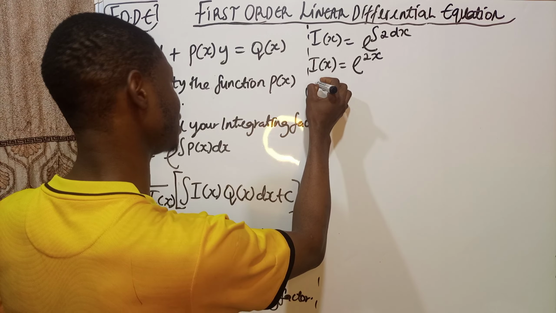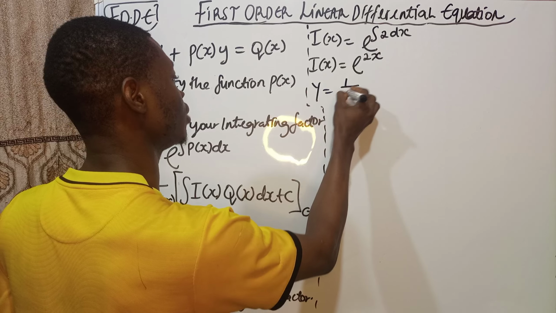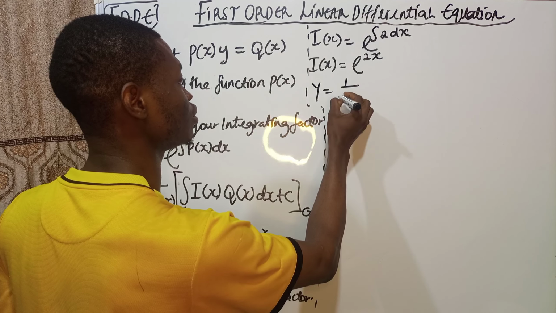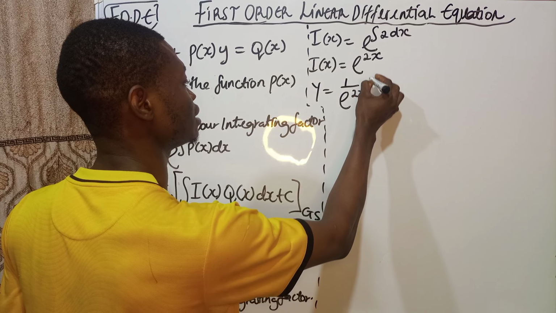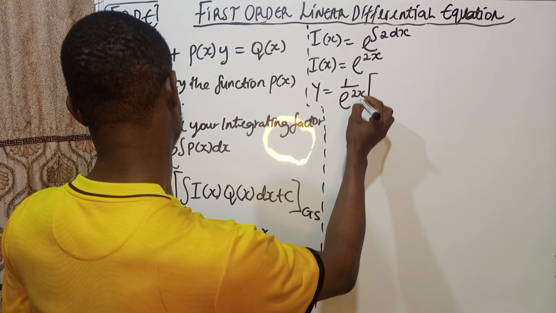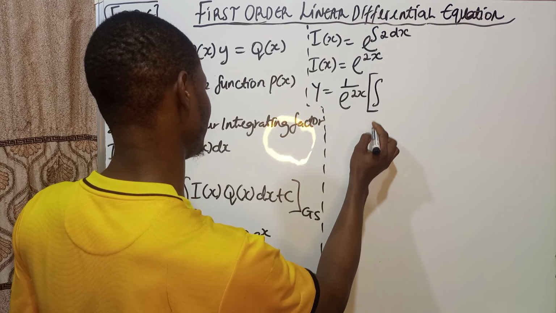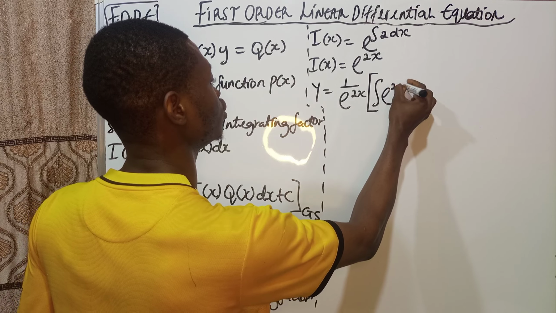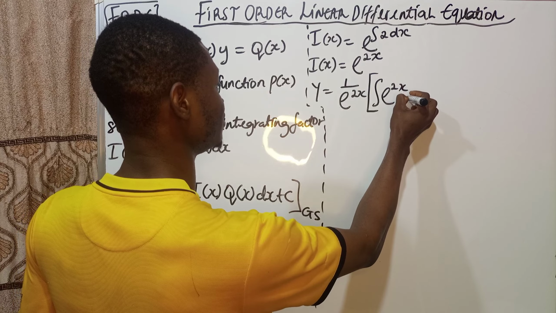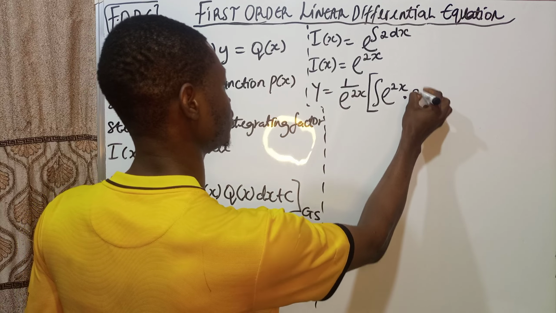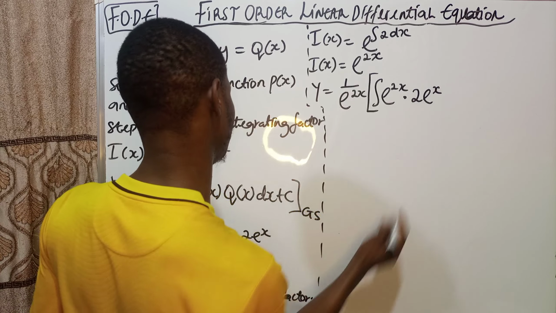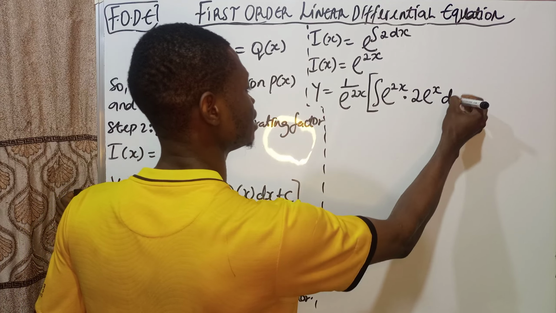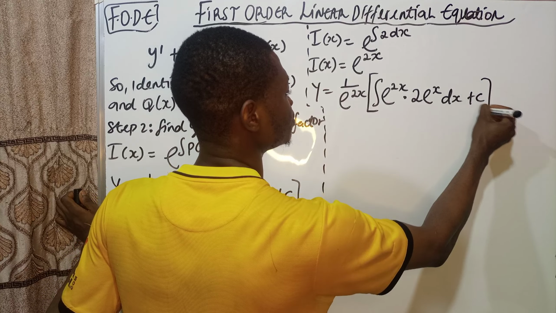Now using the general solution, y is equal to 1 over our integrating factor, which is e raised to the power of 2x, times the integral of our integrating factor, e raised to the power of 2x, times q of x, which is 2 e raised to the power of x, dx plus c.